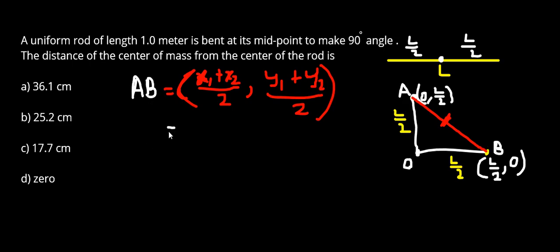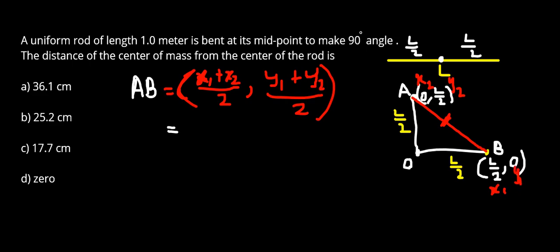So which is going to be x1 here? This is going to be x1, y1, because this lies in the x-axis. So this is x2, y2. This is the important thing. So L by 2 is going to be x1, 0 is going to be y1, x2 is going to be 0, L by 2 is going to be y2.